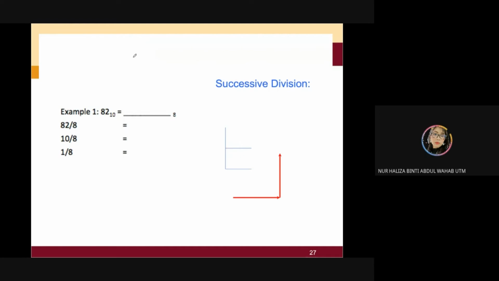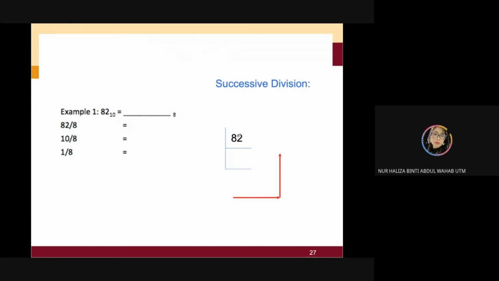As we know, we're going to learn decimal to any base. So over here, what is the answer? Let's say we have the value. And now for the first example, we are going to convert decimal to octal. If we want to convert into octal, which is base 8, we need to divide by 8. So how is it going to look?